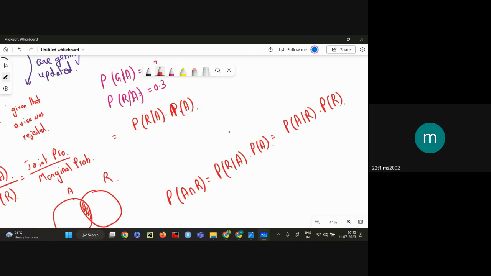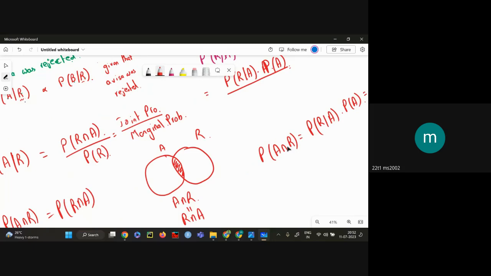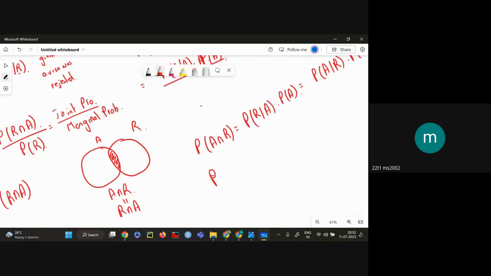So P of R given A into P of A divided by, now tell me what is the marginal probability of P of R? We want P of R, right? So what is P of R? Probability of event R happening. We'll have to add together the conditional probabilities, I guess.